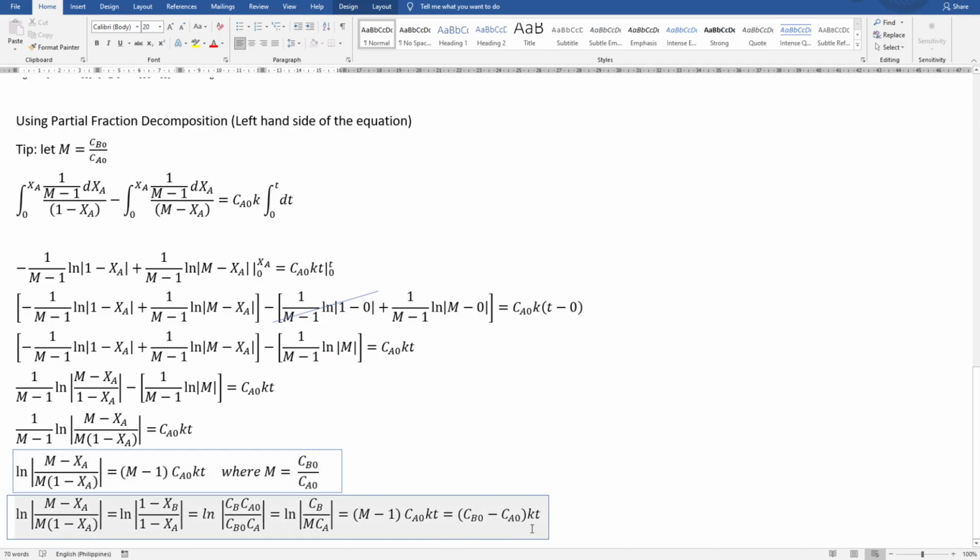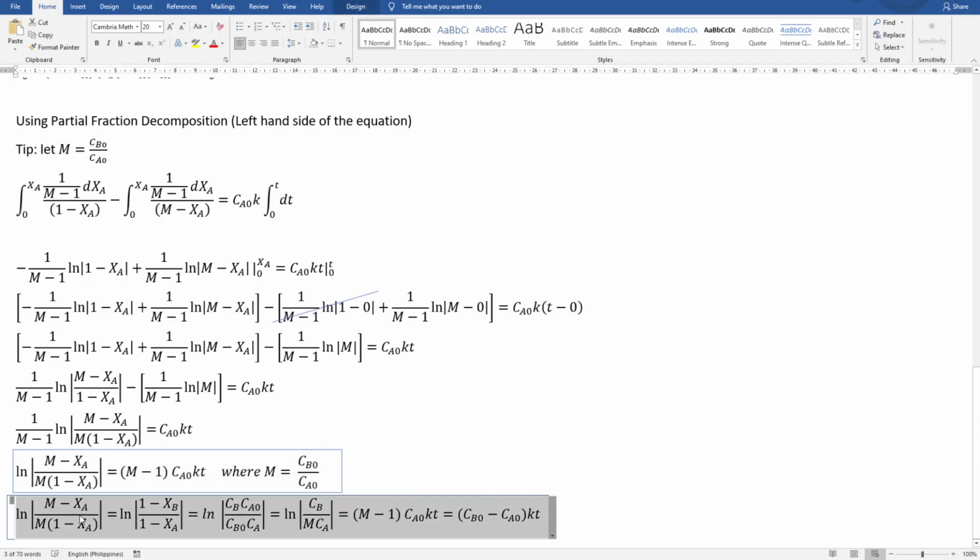So these are now the equations that you can use.